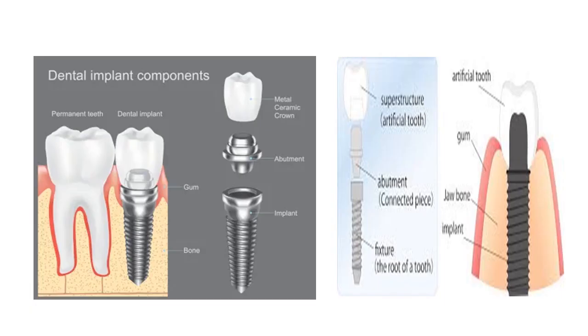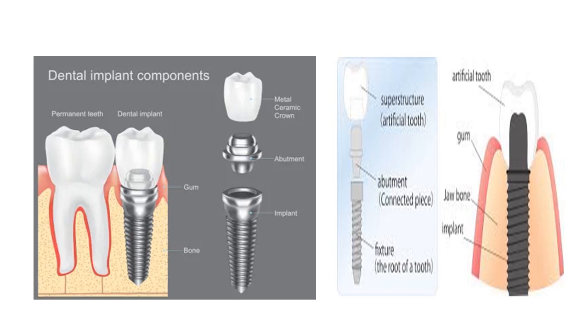Let's look at the parts of the dental implants. Again, this is very basic knowledge. You have the metallic or the ceramic crown, which is basically the artificial tooth replacement. Then the central part is the abutment, onto which the single crown or bridge attaches, and then you have the implant itself.